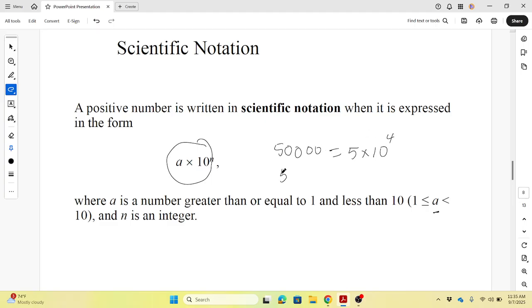Let's say you have 51 and then 3 zeros. Because we try to express scientific notation with a number less than 10, instead of 51 we have to write 5.1 times 10 to the power. How many positions are we moving here? You have to start from the second one. 1, 2, 3, 4. So you have to write 4. Okay, that's called scientific notation.